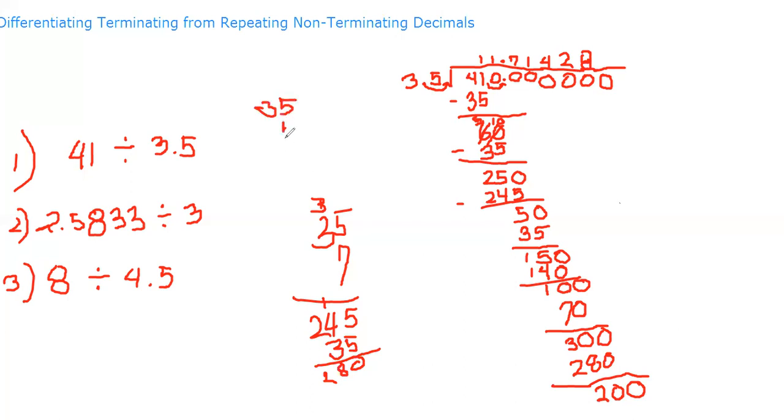Testing natin. 175. So, magkakaroon tayo ng 25. We add 0. So, dito na siya sa 250 ulit darating tayo. Nagkaroon na tayo ng 250. Ilang 35 meron kay 250?